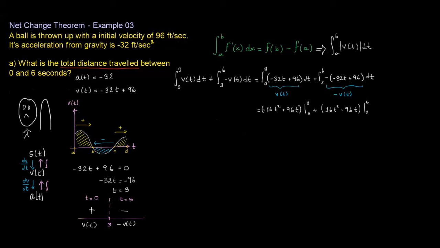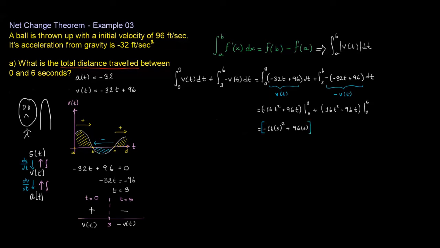I'm going to solve this out using a calculator. Now, the evaluation for 3: I substitute, and it will look like this, negative 16 times 3 squared plus 96 times 3, in brackets, with time equal to 3.